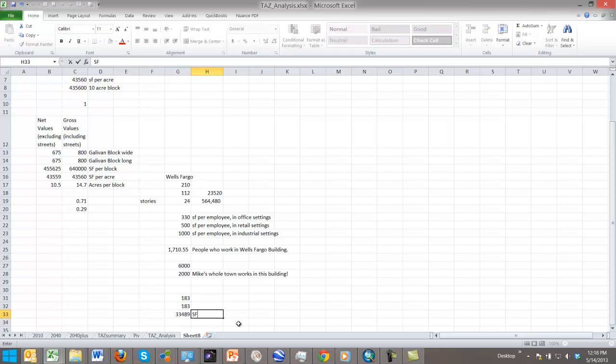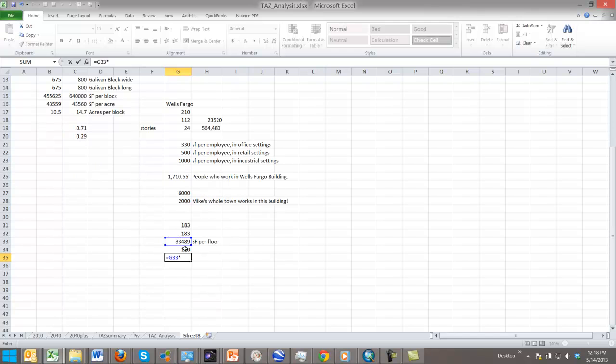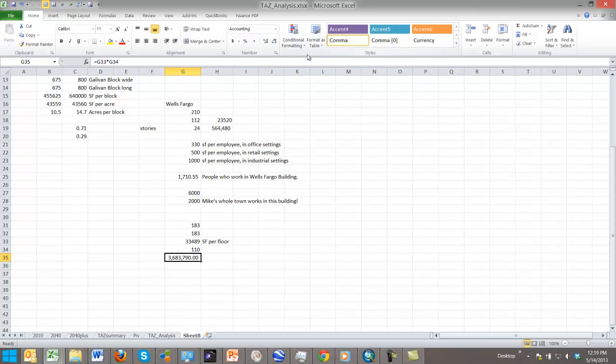So SF per floor, and I believe that those 2 towers were about 110 floors each. So that would be this times that. Let's put the commas on there. 3.5 million square feet in the building, and there were 2 of them.